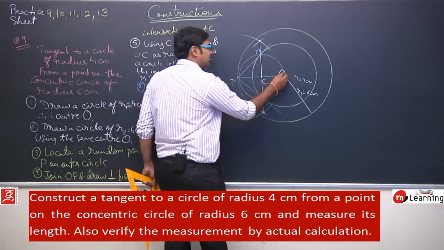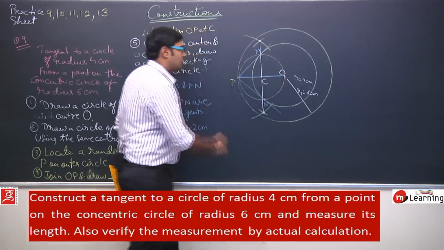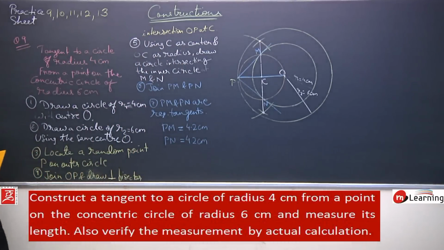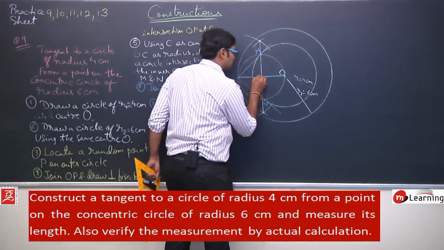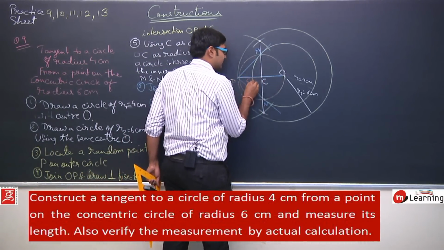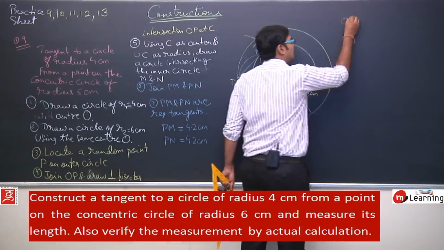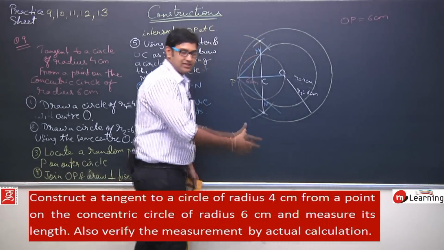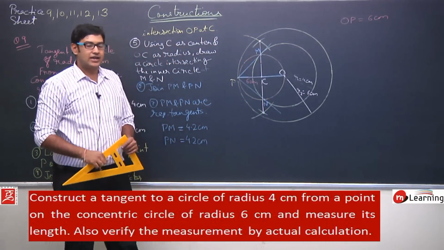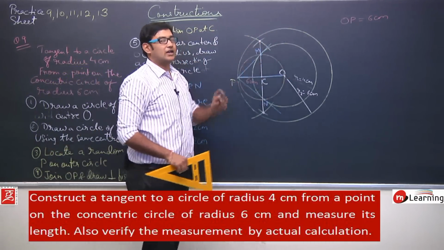You can see this OP. OP is equal to 6 centimeters. Why? Because this OP represents the radius of the outer circle.